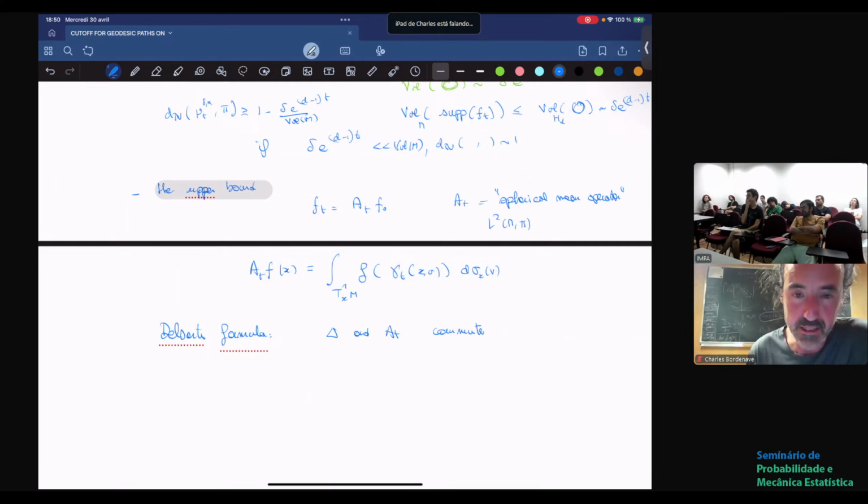Since they commute, if they were matrices, they would have a common orthogonal basis of eigenvectors.